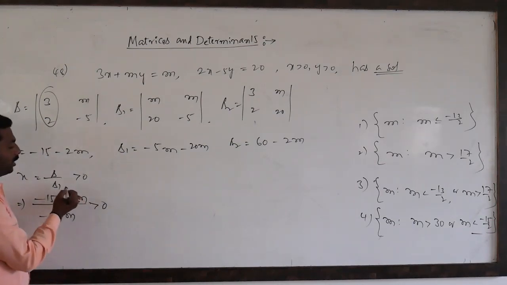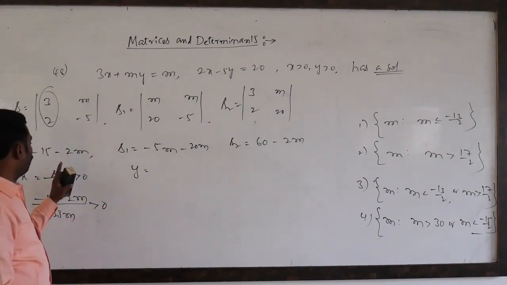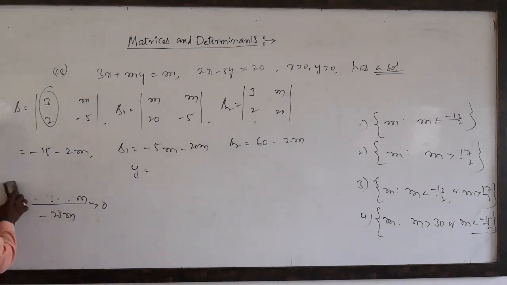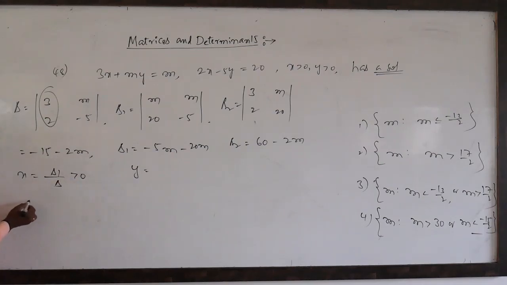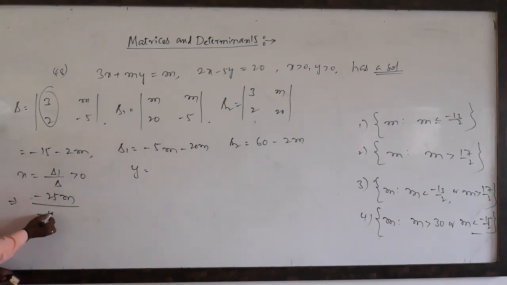This must be greater than 0. The y value is delta 2 by delta. So x > 0 means delta 1, which is -5m - 20m, that is -25m, divided by -15 - 2m, is greater than 0.